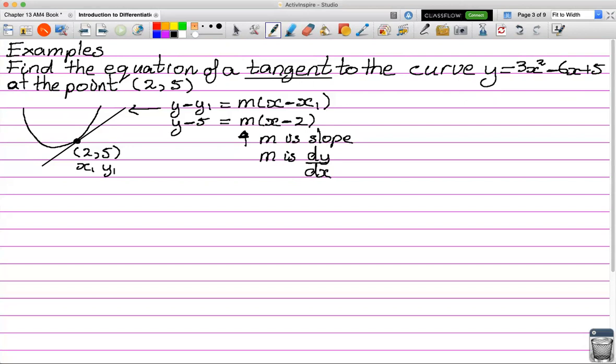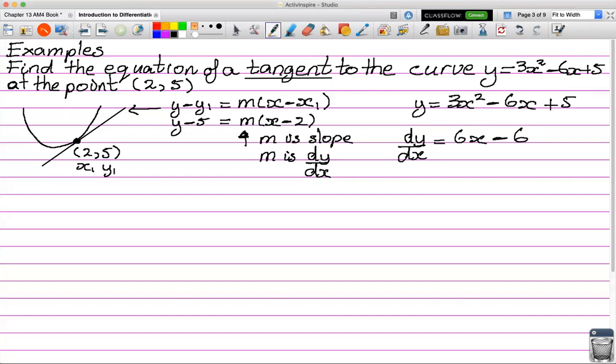Well, the slope of a tangent is also the slope of the curve at that point, which means we can come up here and we can write this down and we can differentiate it. So we get dy dx is equal to 6x minus 6.